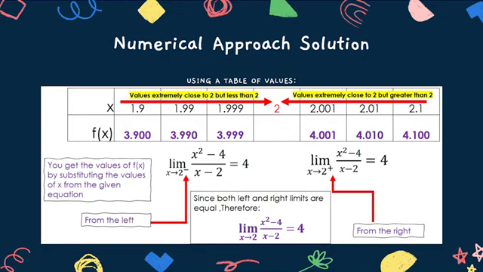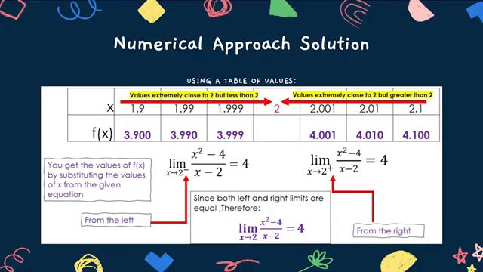Basically, in the table of values, we are trying to see different values of x that are extremely close to 2 and see what values they yield for f of x, how the changes in values of x change the results of f of x. Then we observe the behavior of the values coming from the left and the values coming from the right.